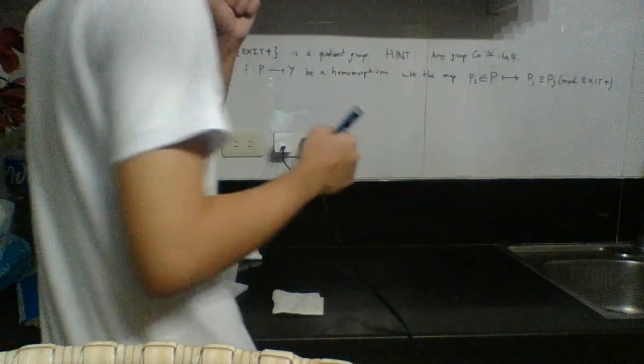I'm going to denote every single element that satisfies this relation with respect to one element P sub j as just bracket P sub j, x up arrow.